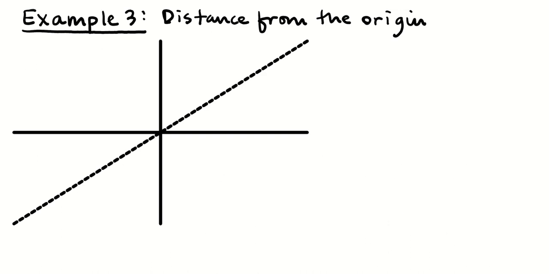An example of a function of three variables that we've seen already is distance from the origin.